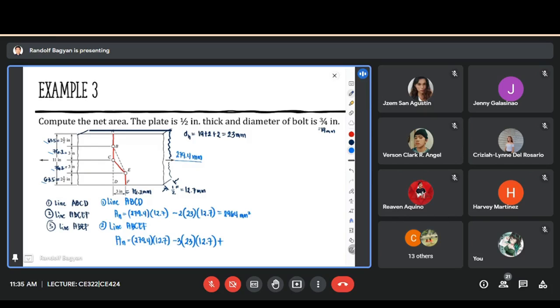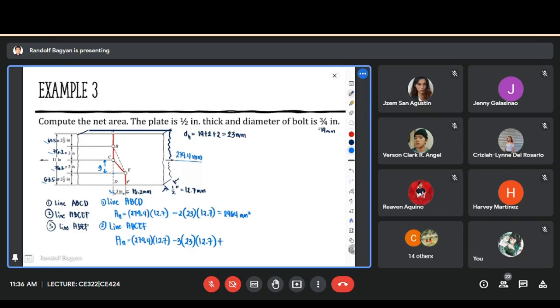And then, we have to add the stagger effect. That's S squared over 4G. Okay, ano yung S natin? Longitudinal spacing. Okay, that is 3 inch. Ito yung S natin. At meron tayong G, gauge. That's equal to 3 inch din, no?